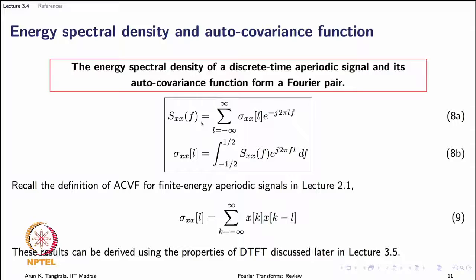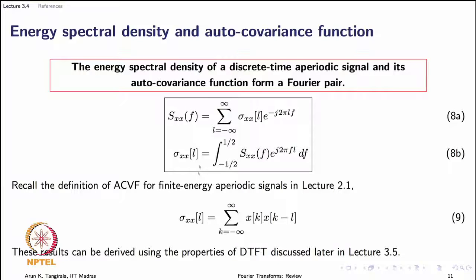I have the energy spectral density as the Fourier transform of the auto-covariance function, and likewise the auto-covariance function being the inverse Fourier transform of the energy spectral density. Notice the limits here. The limits for the auto-covariance function run from minus infinity to infinity, whereas the limits for frequency run from minus half to half. If you were to use the spectral density in terms of angular frequency, then you necessarily need to have a 1 over 2 pi in front of this integral to get the correct values of the auto-covariance function.